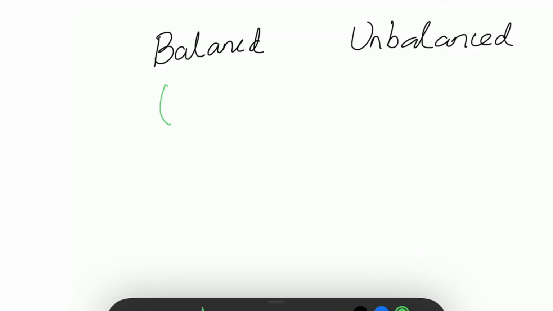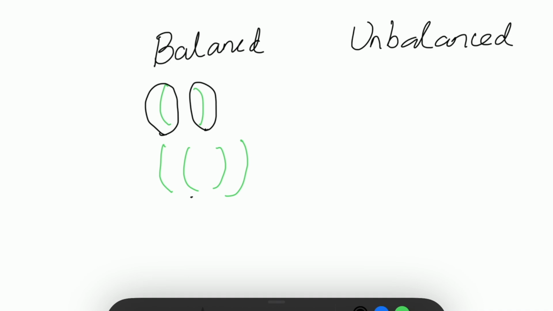What is balanced parenthesis? This is balanced and this is also balanced. Why? Because it has first open parenthesis and then close parenthesis. Also, it should be closed in order. This is not balanced.